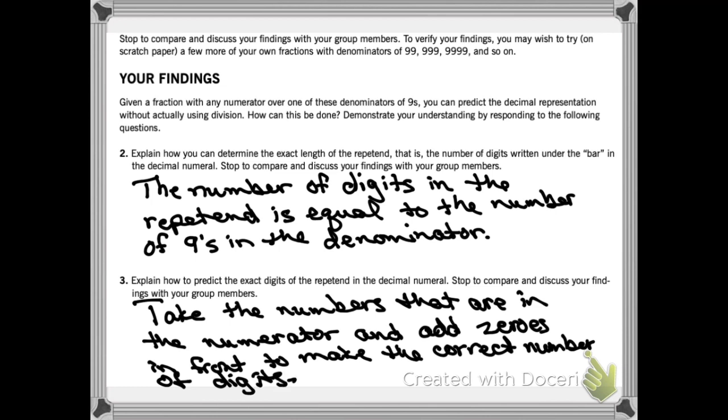Because if it was 8 over 999, I would have to put 0.008 because I would have to have 3 places.